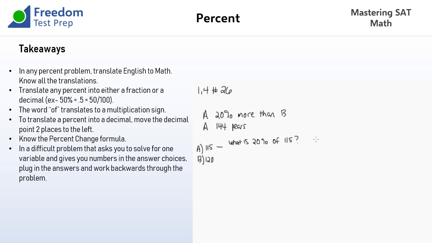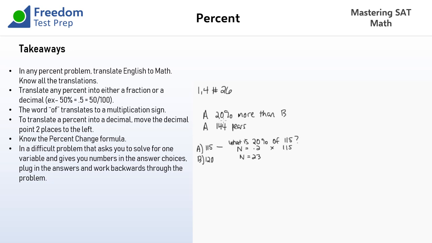Okay, so let's go. What is N equals 0.2 times 115? And this is section 4, so I'm going to use my calculator, and that is 23. N is 23. Now, we're going to add that back, because 23 isn't how many pears B produces.